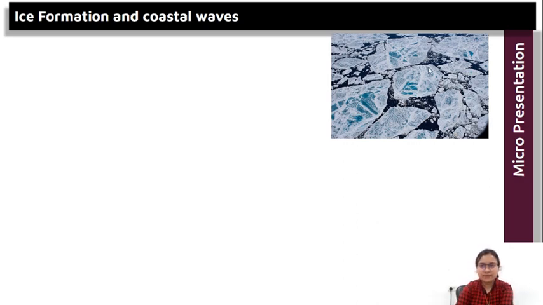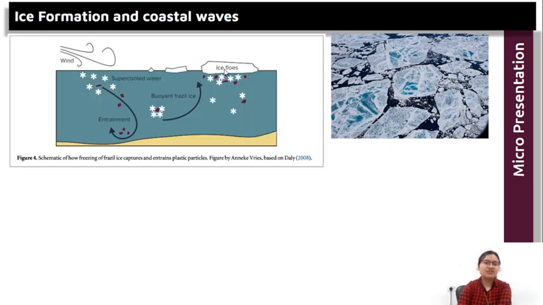So we can see here very clearly, it is a photo of the Arctic ice. We can see here that these are plastic materials which get frozen in the Arctic Ocean. So what generally happens is that the supercooled water comes to the polar region, and here the ice is formed, accumulating all the plastic particles, and it releases more and more saline water into the marine water.